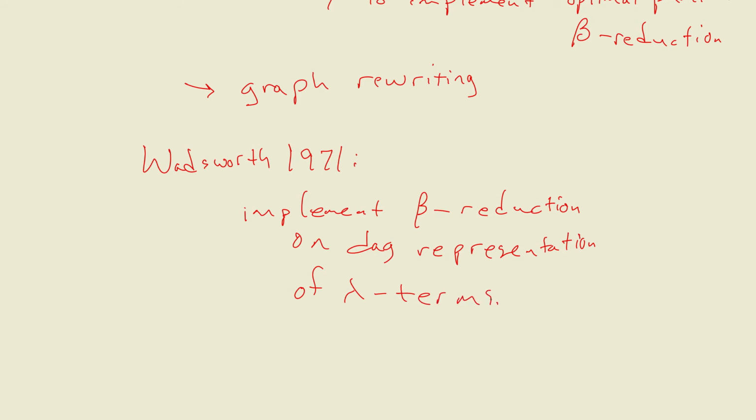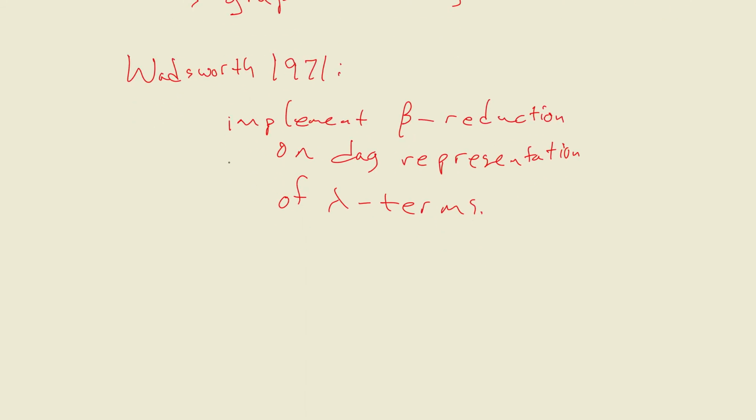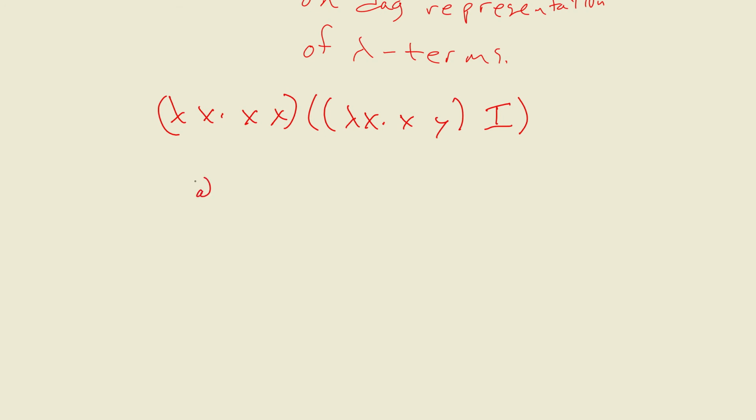So here they have a little example, just to show the main point. Say you're going to reduce lambda x applied to x, applied to lambda x applied to y, applied to I, where again I is just lambda x.x. Okay, so let's write it as a little graph here.